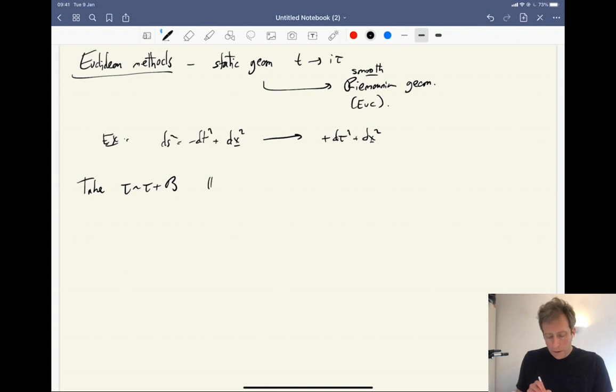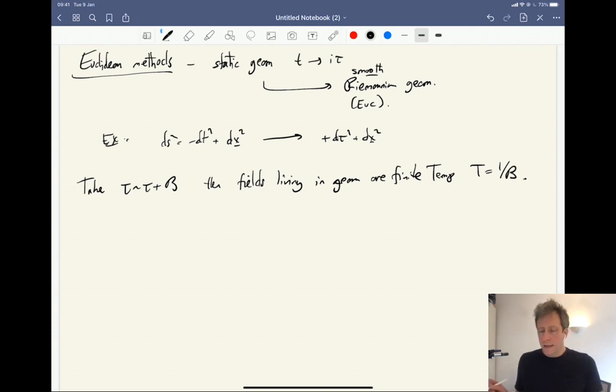Then that's equivalent to putting fields living in the geometry at finite temperature. T is 1 over beta.